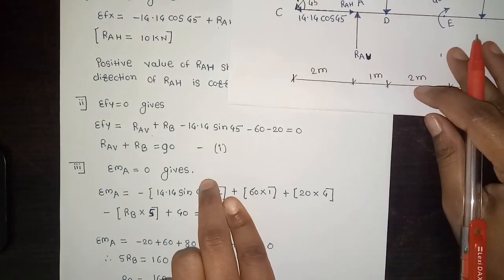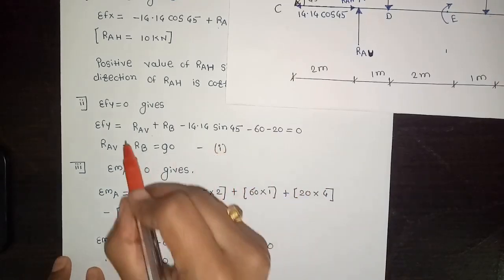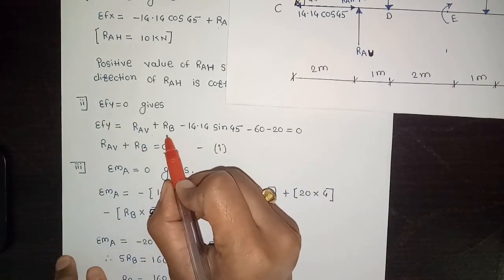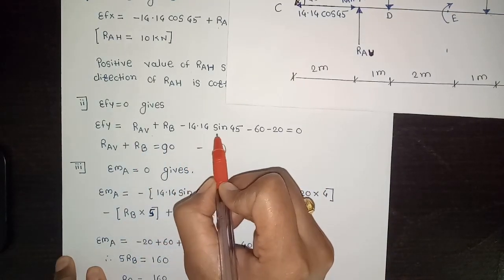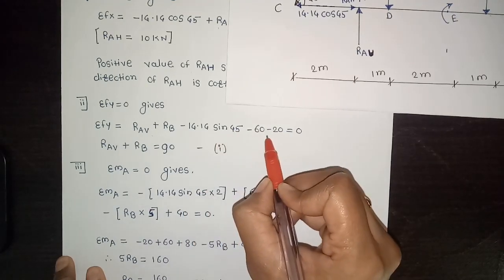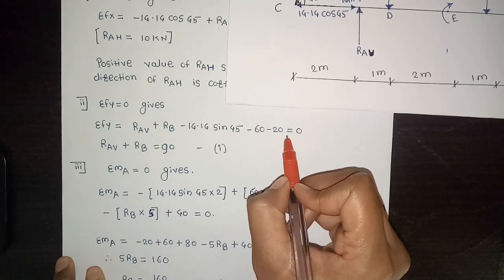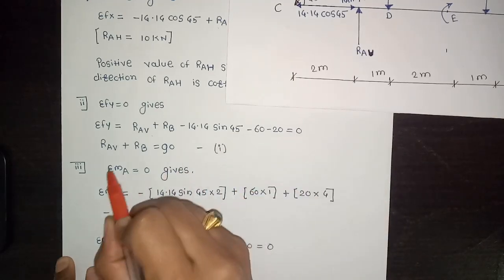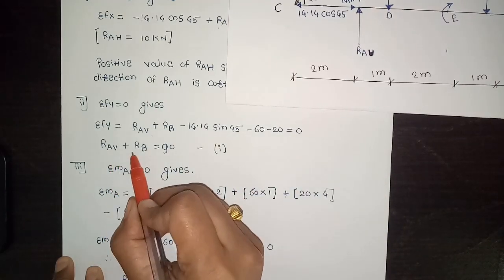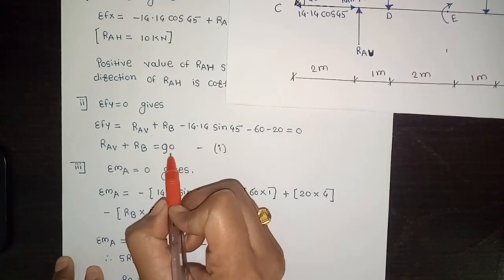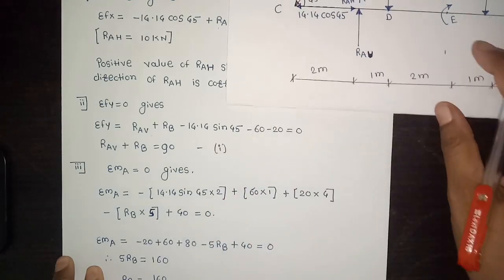Okay, see here, RAV plus RB minus 14.14 sin 45 minus 60 minus 20 is equal to 0. Then we get RAV plus RB is equal to 90. This is equation number 1.